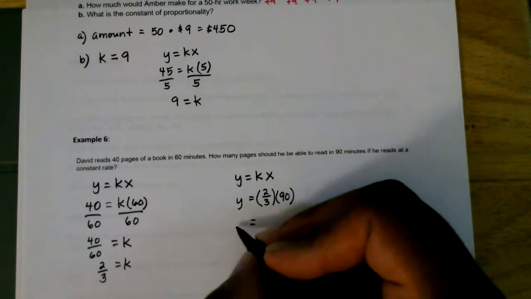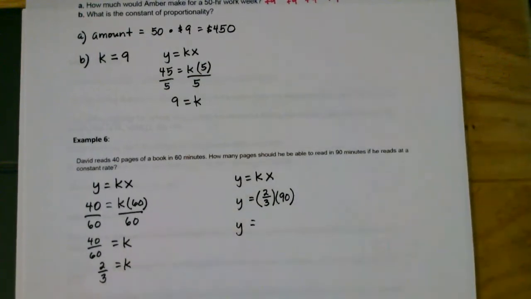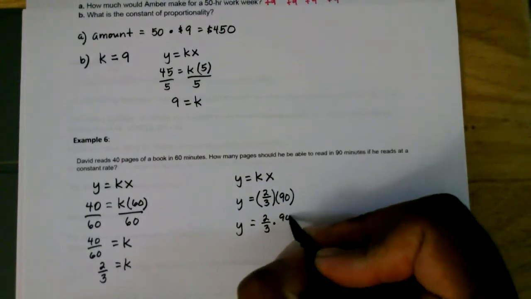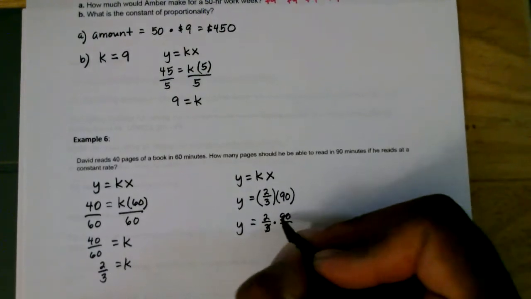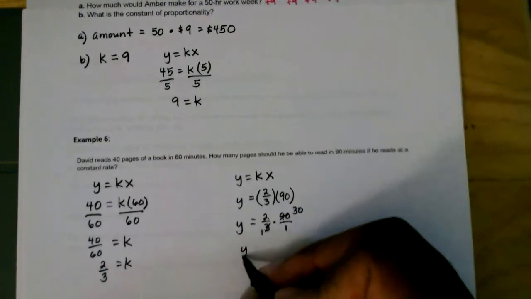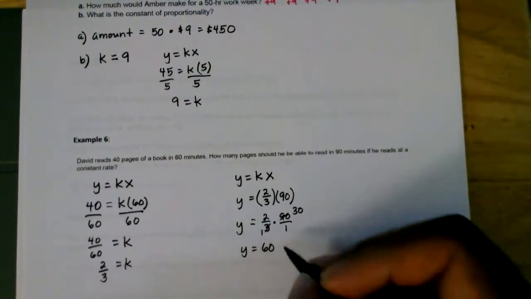X is the time. And Y is going to be the number of pages, by the way. So 2/3 times 90 will be 2/3 times 90 over 1. 3 goes into 90 30 times. So 2 times 30 would be 60.